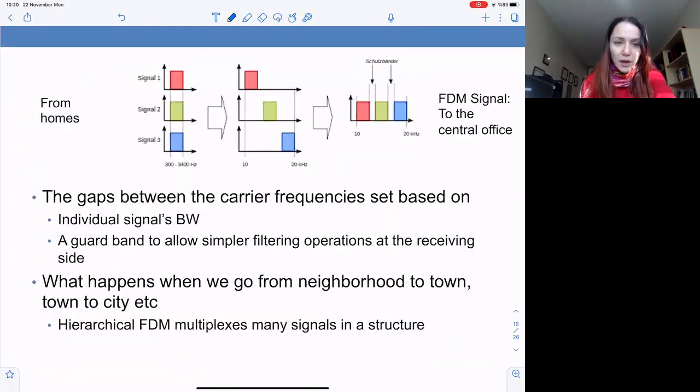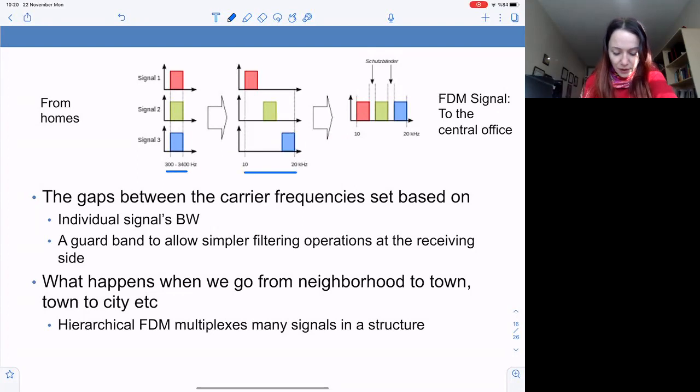So if we look at the public switch telephony network, the signals generated at homes are classically voice signals between 300 hertz and 3.4 kilohertz. They are filtered to live in this band, but then they are placed anywhere between 10 to 20 kilohertz.